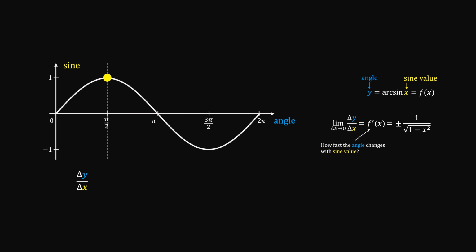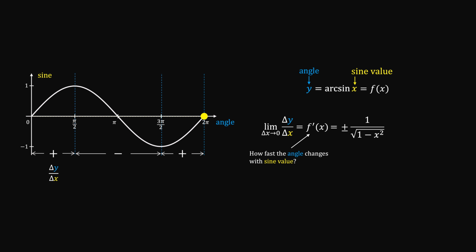So the ratio of these two would be positive within this range. Then as the angle continues to increase, sine value starts decreasing until it reaches negative 1. This ratio would be negative. Then as the angle increases, sine value goes up again, and this range is positive.